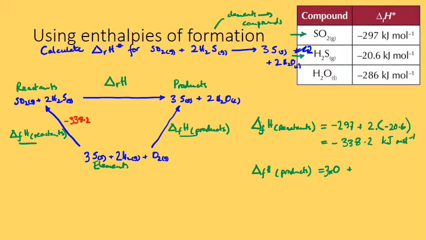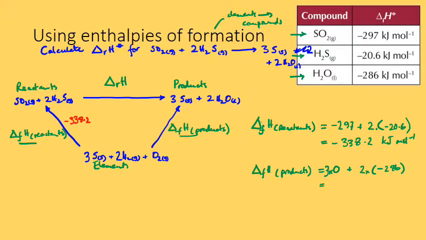But we're also making 2 moles of water. So we need to use the 3rd row of the table here. So when 1 mole of water is formed from its elements, that's exothermic, and we're getting out 286 kilojoules of energy. But we're making 2 moles, so we're going to write it like this.